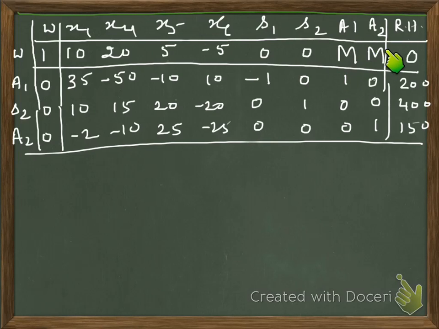we have again violated the rules of mathematics. As we know, the basic variables A1, S2 and A2 should be present in only these equations and should not be present anywhere else. By putting m, you are making A1 and A2 present in the objective function line also.